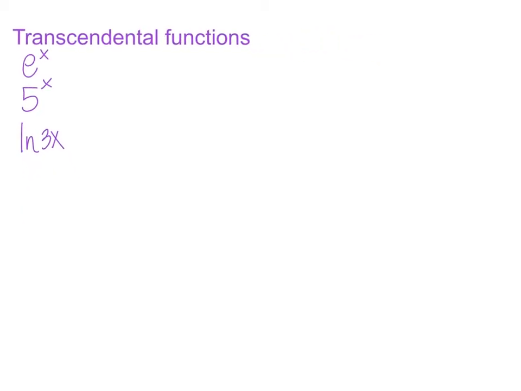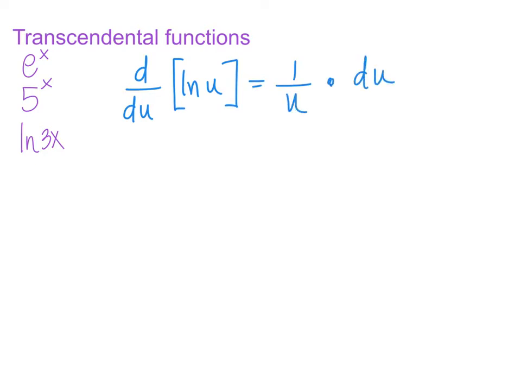So I'm going to go ahead and give you the rules. You do have them in your manual, but I'm going to go through each one, and I'm going to use u. So d du, the derivative of an ln function, ln of u, is equal to 1 over u du.